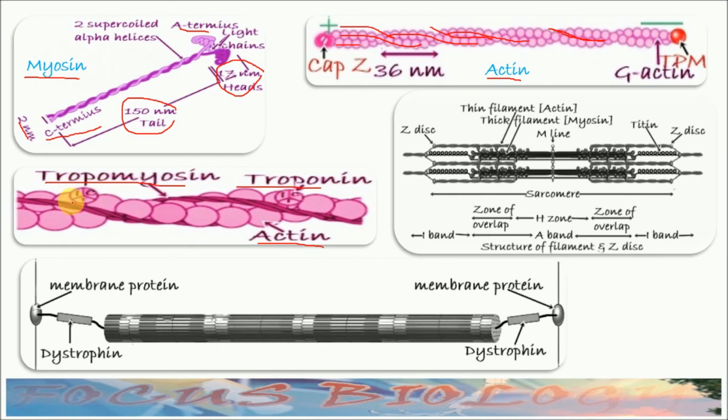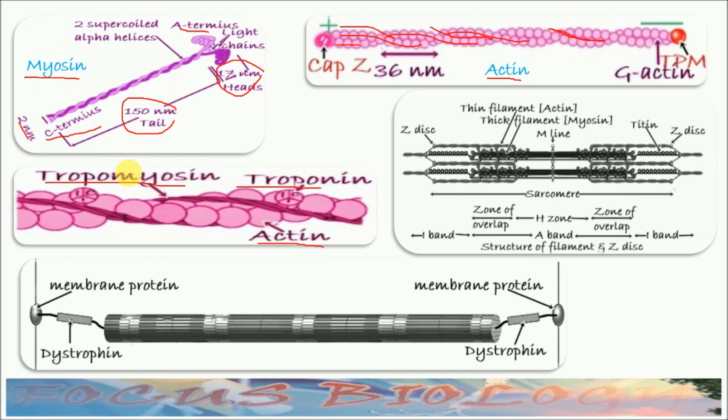The troponin molecule has 3 subunits: one is called C, one is called I, one is called T. The C subunit is calcium binding, that is, it binds to calcium ions. The I subunit inhibits binding of S1, or the myosin head, to actin, and the T subunit is responsible for associating the whole troponin molecule to tropomyosin.